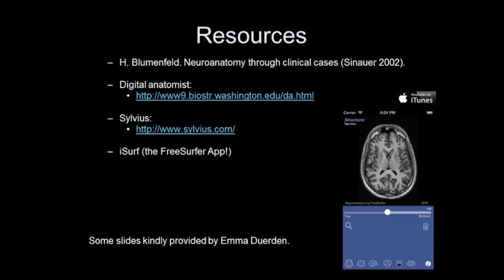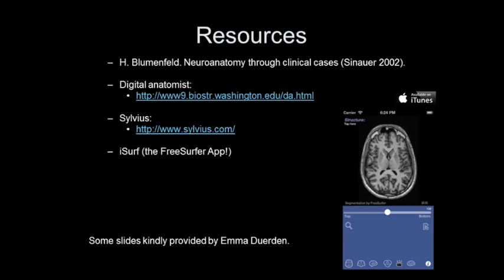And then there are several digital applications. The Digital Anatomist is an excellent website, and I took a lot of models and pictures from that website. There are very nice 3D models that really give you a good idea of where the different structures are located with respect to each other. So I encourage you to look at that.